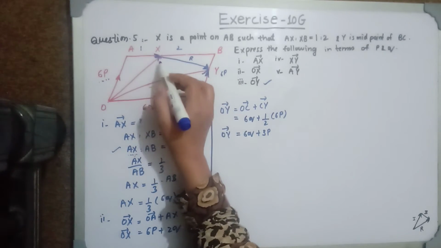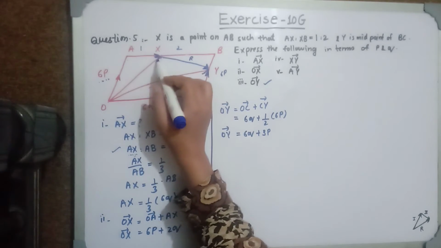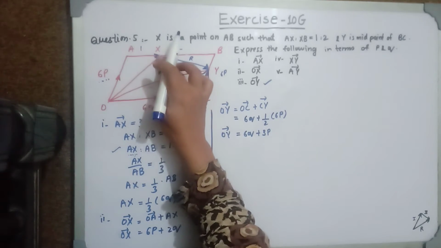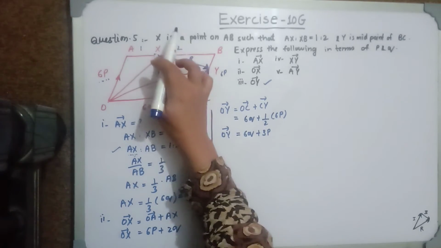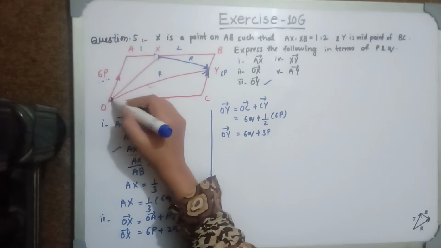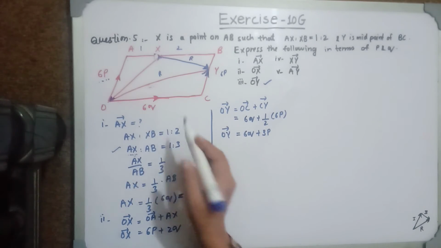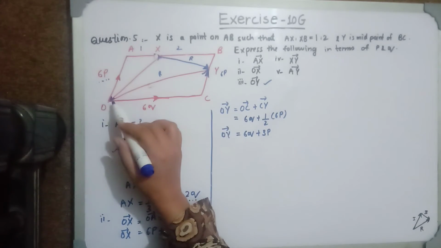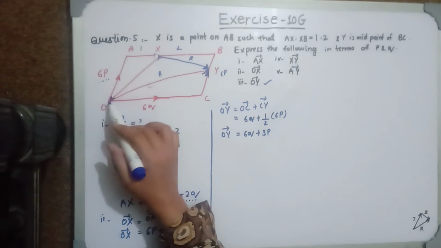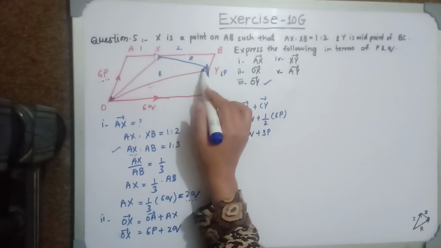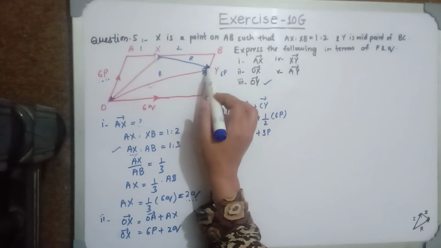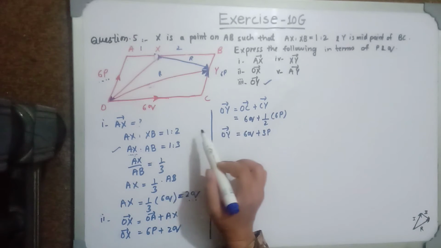So in this case XO will be the first vector, and its direction will be from X to O, right? And from here the direction of OY will be from O to Y, right? Because the head of the resultant vector joins with the head of the second vector.